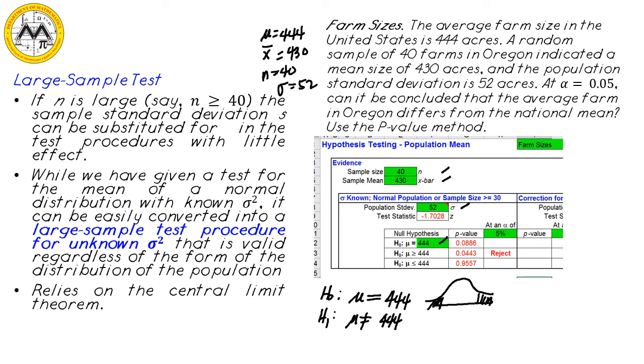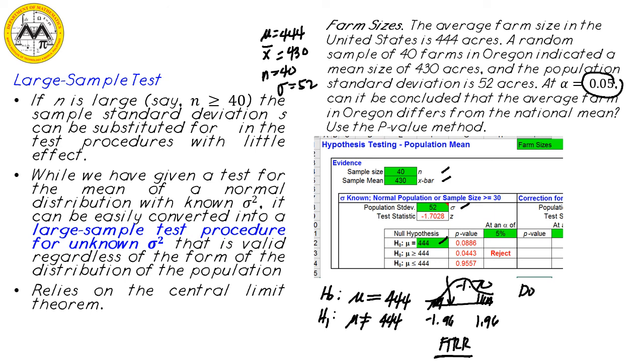We have 5% error or 0.05, so 2.5% on both tails. We have negative 1.96 and positive 1.96 on either tail. The computed test statistic is negative 1.70, so it is in the acceptance region, or fail to reject region.